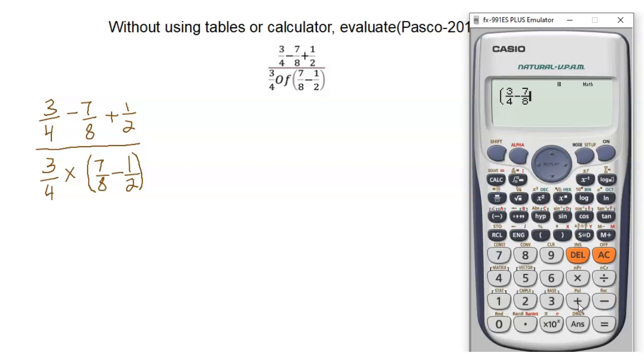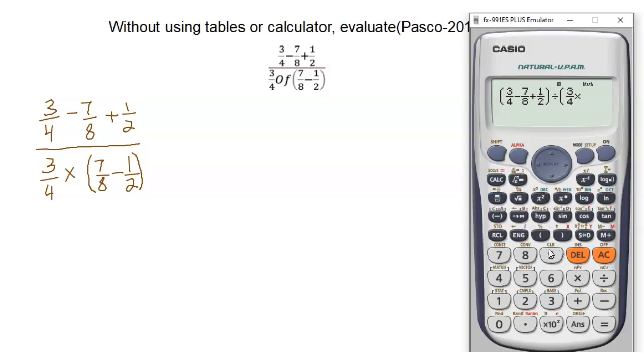push it aside, plus your fraction 1 on 2, and you close the bracket, and then all divided by, you see the question, there was no bracket, but I want to include everything. That's the reason why you have to enclose it with a bracket. And then you pick your bracket again here, your fraction here, which is 3 on 4, and then you bring your multiplication.